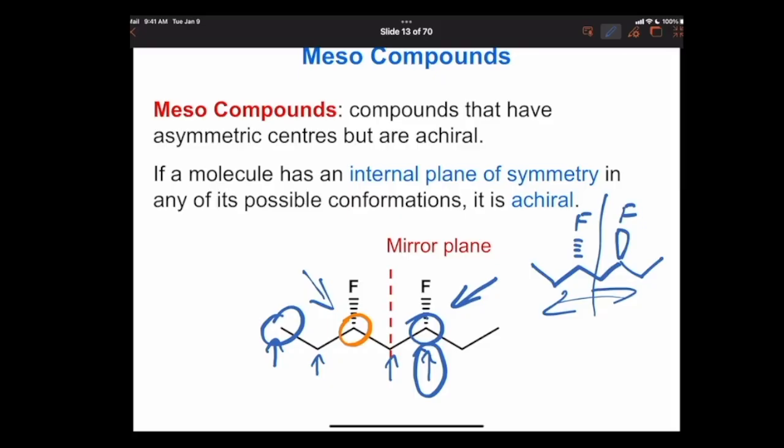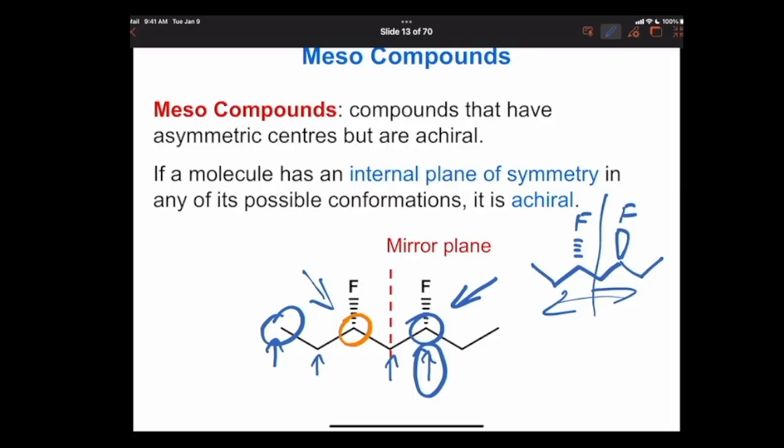No. What I'm saying is the left and right hand pieces have to be, so me, right? If you bisect yourself down here, this half and this half are exactly mirror images of each other, which means I have a plane of symmetry down the middle. I'm a meso compound. If I do this, this half and this half are no longer mirror images to each other. The geometries are different.